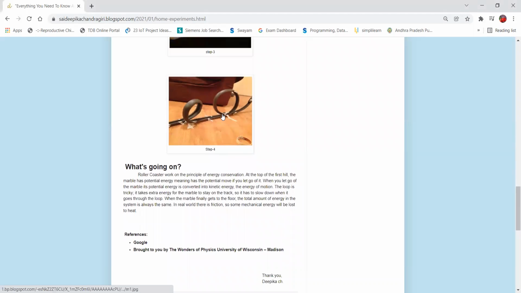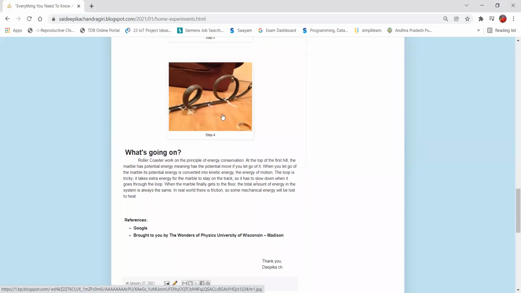The foam tube is cut into the shape we want. The name itself is roller coaster, right? So we have to put that foam tube into rolls.